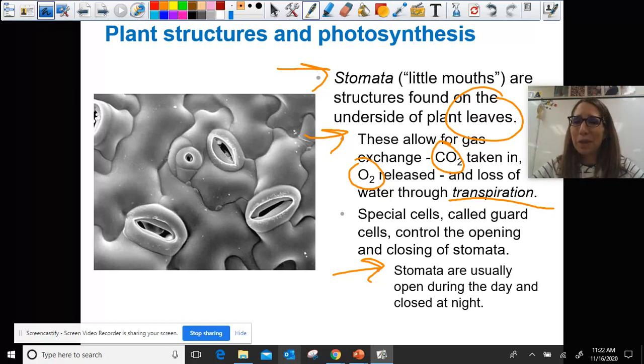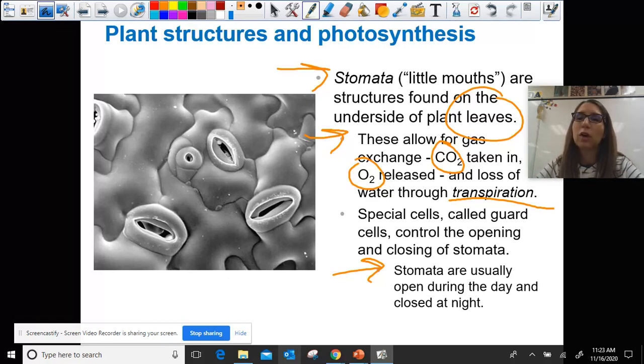And if you think about why that might be important and why that happens day versus night, well, all it takes is a consideration of what's happening with the plant during the day, right? If there's sunlight, we can expect that our plants are probably doing photosynthesis. And so if we have sunlight and we're going to do the process of photosynthesis, then it makes sense that we also need some carbon dioxide as part of that.